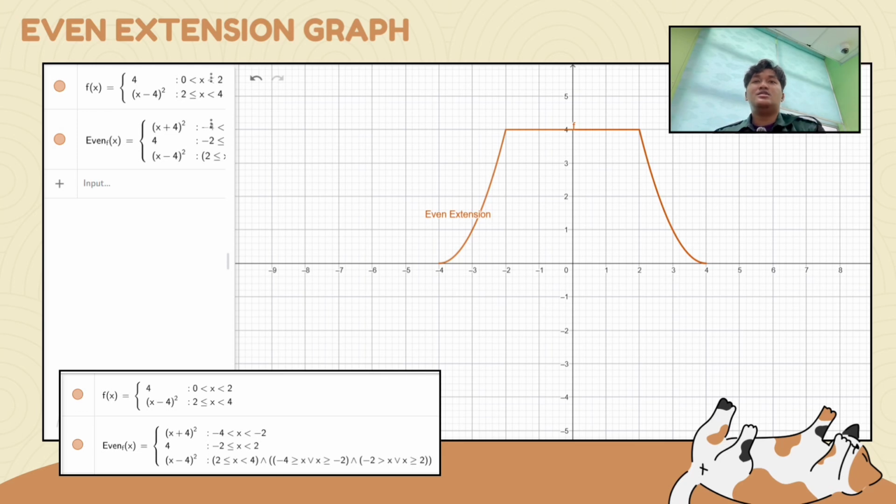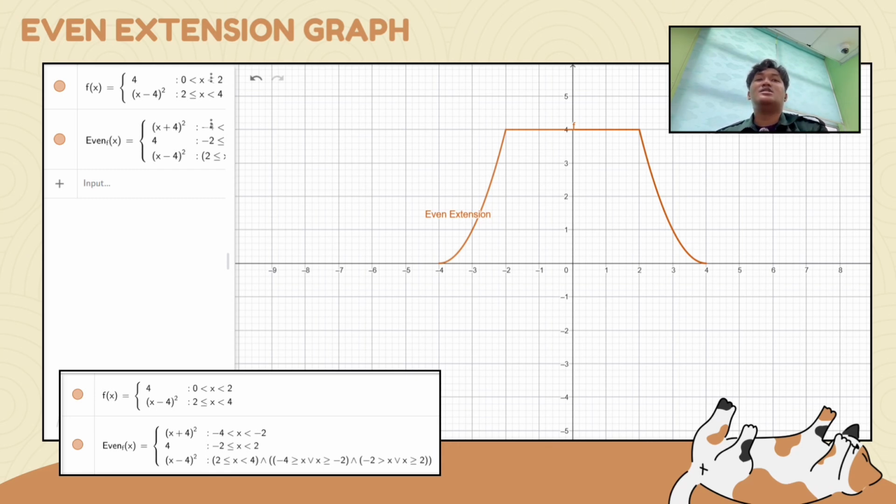Next, the even extension graph. To expand a function into a cosine series, the function must be extended as an even function over the interval given before in the question, which is -4 to 4. Even functions are symmetric with respect to the y-axis, as defined by f(-x) equal to f(x).